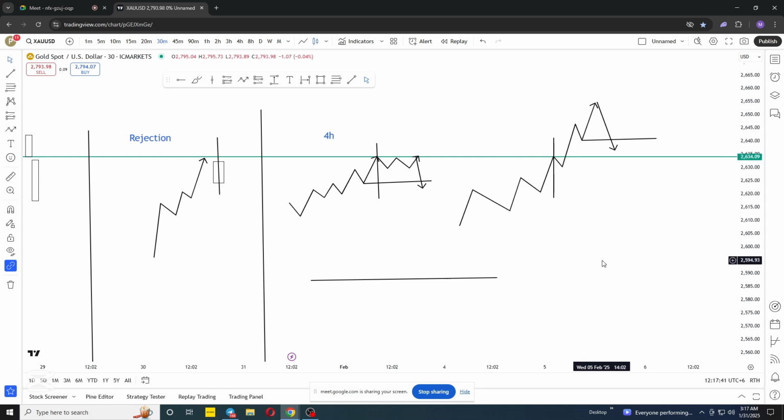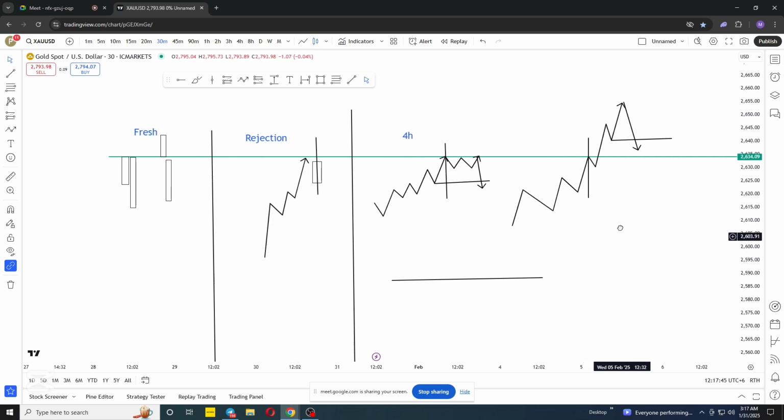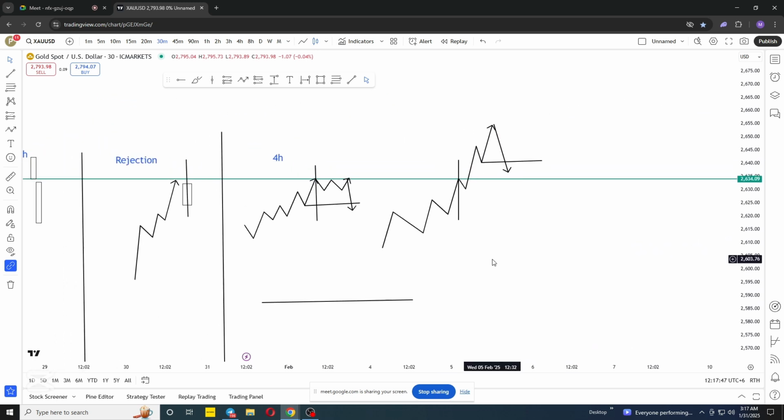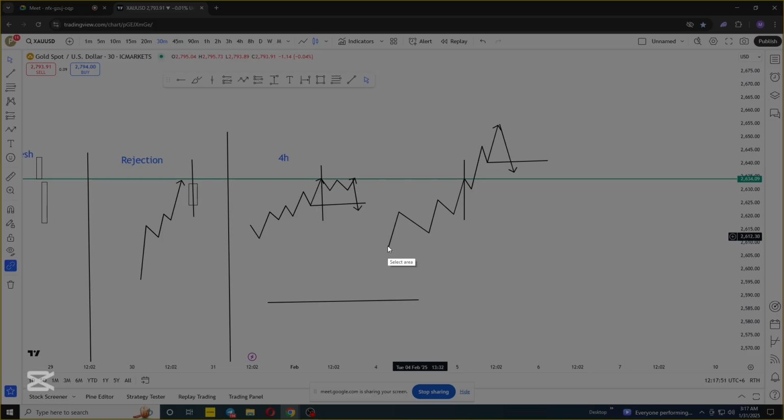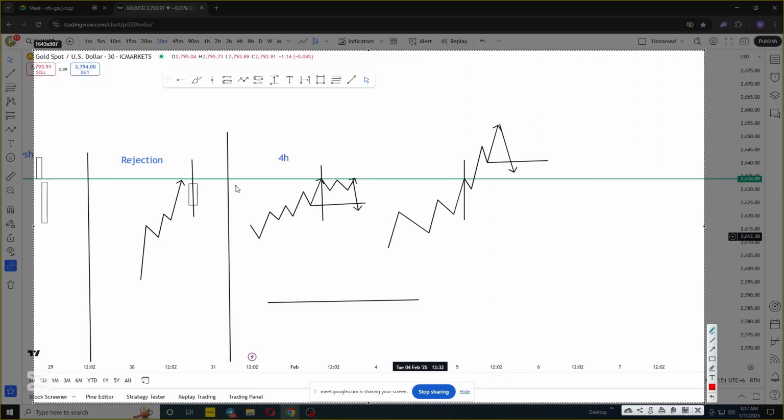Now sometimes one exception could happen. What is the exception? You see the rejection area, like here. Normally we say we wait for the closing of the body of this candle.